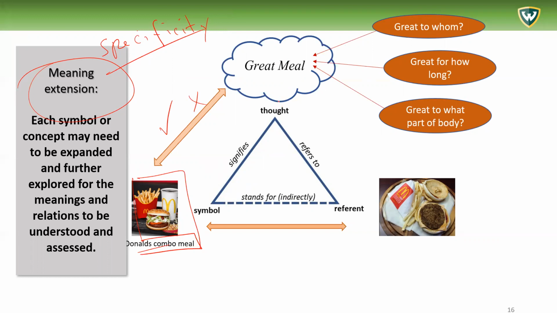Some people like it in the first 10 minutes, but not in the second 30 minutes. Also, great to what part of the body? It can be great to your mouth, to your taste palate, but it could be awful for your stomach. So there's always this need, or often this need, for meaning extension or meaning specificity to understand if this is a truthful or reliable relation or not.